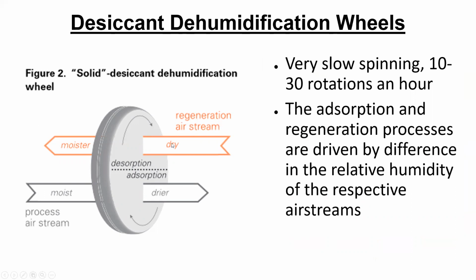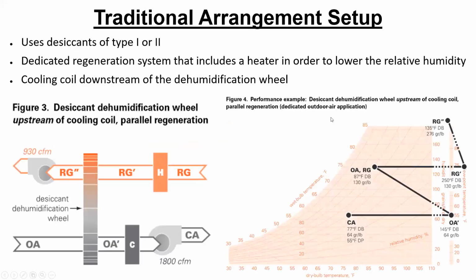So dry air comes in, drops the moisture, and moist air gets dry and leaves the wheel. Here we have a few cases using the desiccant type 1 and type 2 we talked about. This dedicated regeneration system includes the heater in order to lower the relative humidity, and a cooling coil downstream of the dehumidification wheel. So let's take a look at this.